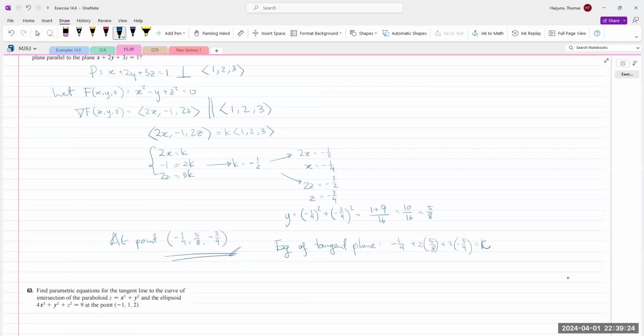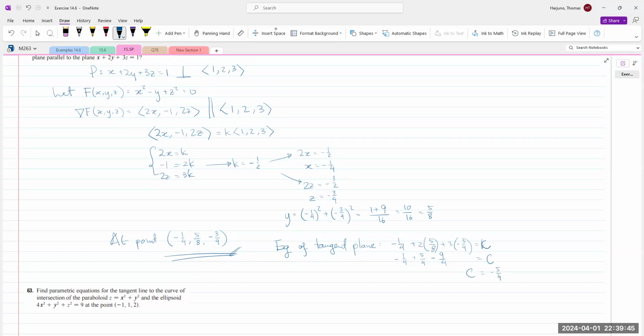So this is negative 1/4 plus 5/4, that's 1, minus 9/4 equals c, negative 10, so that's negative 5/4. So c equals negative 5/4.